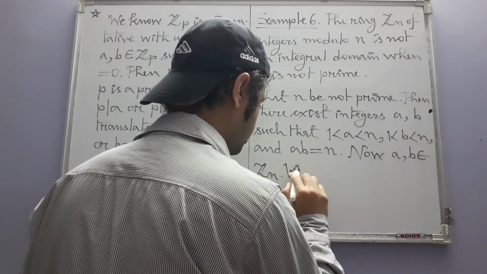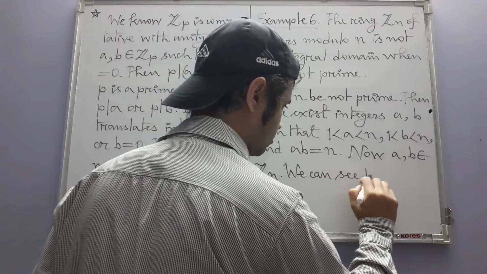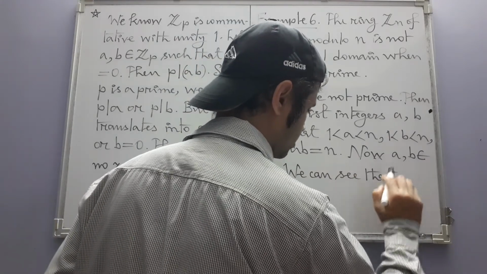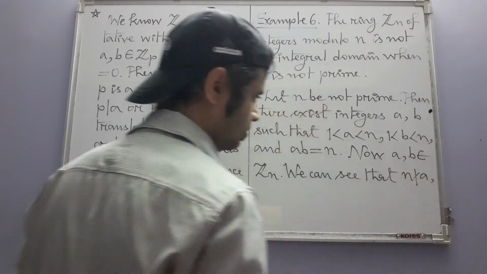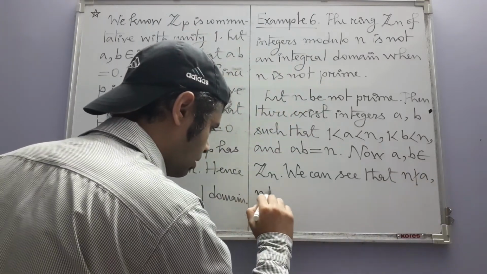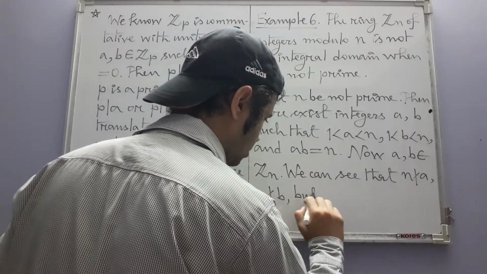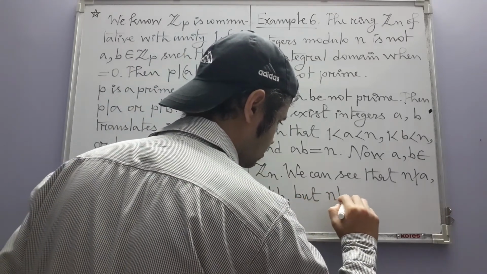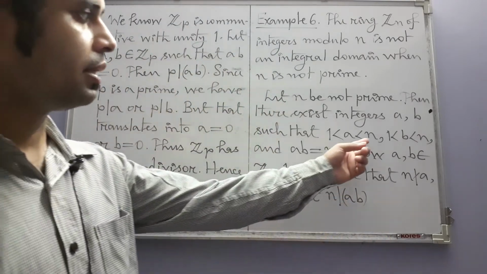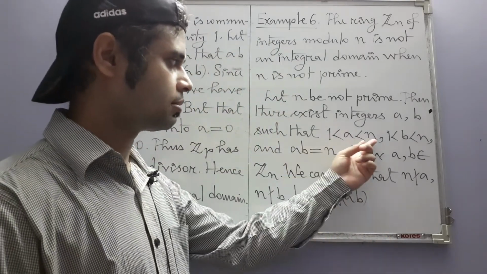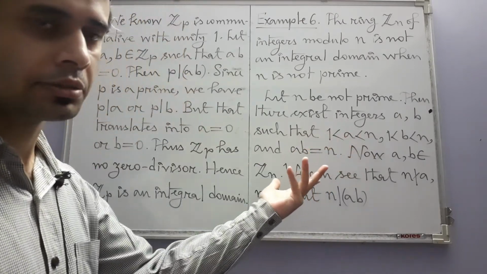We can see that n does not divide a, n does not divide b, but n divides ab. n does not divide a because a is strictly less than n and it is greater than 1 also.